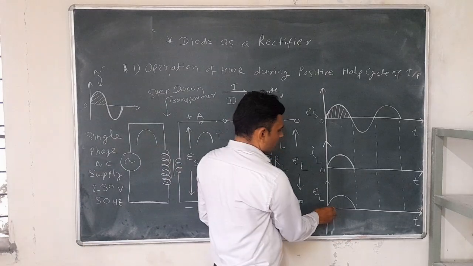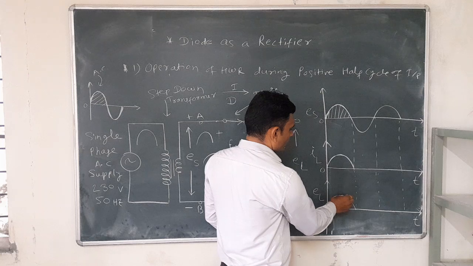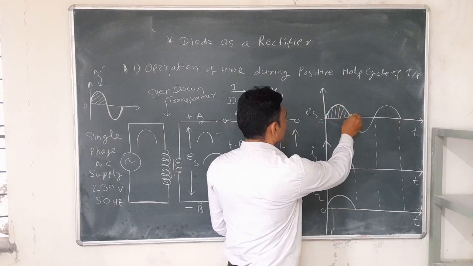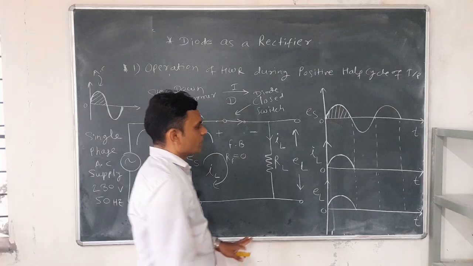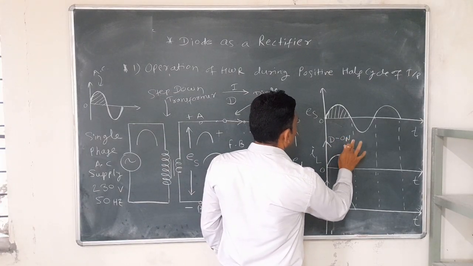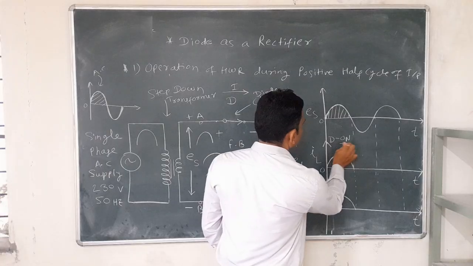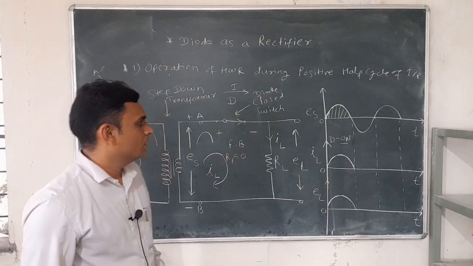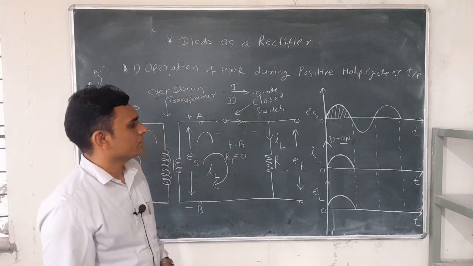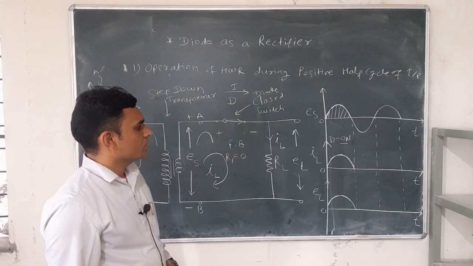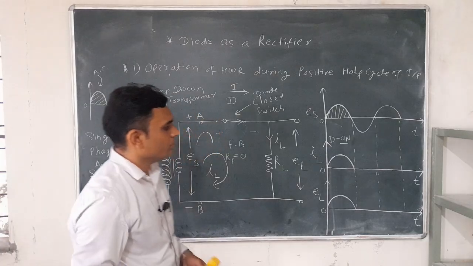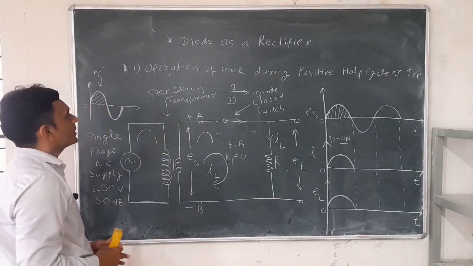So we get a positive half cycle at the output when the input is a positive half cycle, because diode D is in the on state, therefore we have replaced that diode by the closed switch. So we get this type of signal at the output in the positive half cycle of the input.